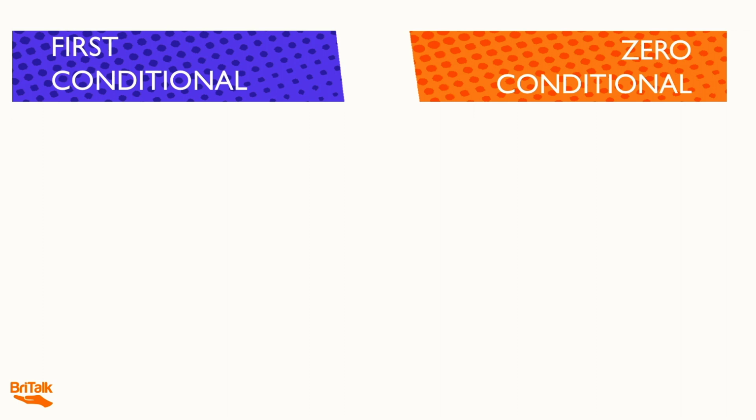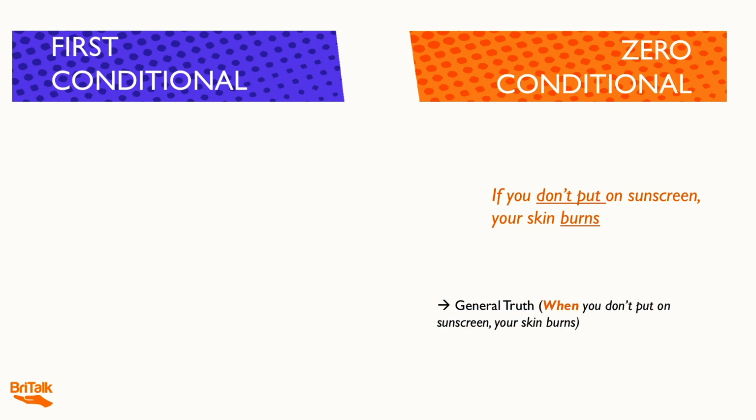Facciamo un altro esempio. If you don't put on sunscreen, your skin burns. Questo è un fatto generale. Magari sto spiegando a un bambino o una bambina il motivo per cui si deve mettere la crema solare. Invece nel first conditional potremmo dire if you don't put on sunscreen, your skin will burn.